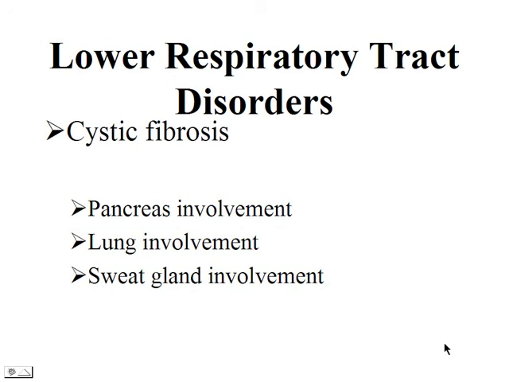I know just listening to that, saying, okay, if both parents are carriers, there's a 1 in 4 chance that their child may have the disease, you're kind of thinking, okay, I need to see that.